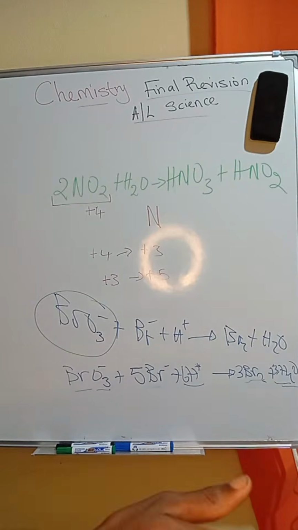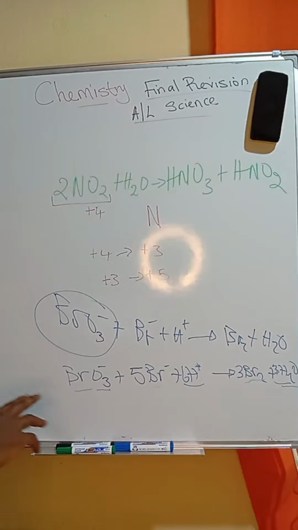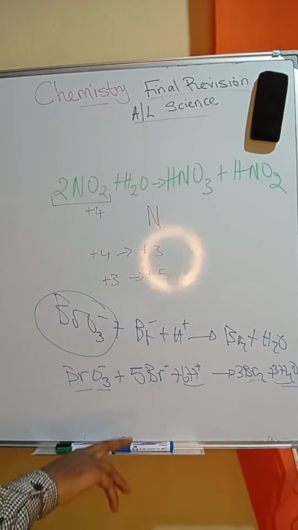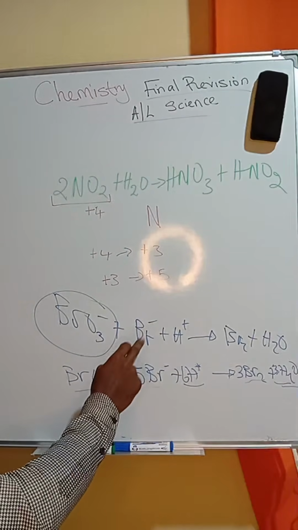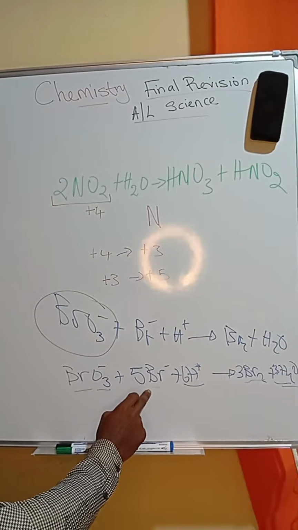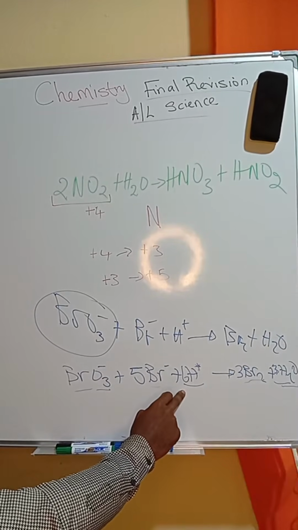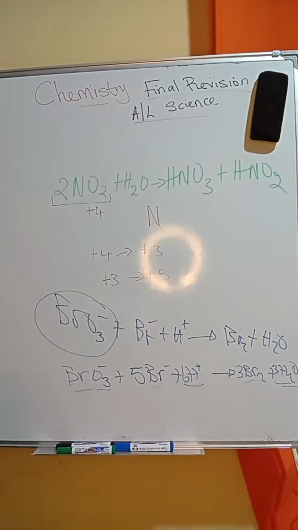I write down the equation the way it is and introduce hydrogen. I will not go again and start counting the number of oxidation states. Once you have calculated the oxidation state of the bromine, you take that oxidation state and multiply on the new equation, then write down the equation, and you just start balancing, and everything will just come out. That is just the trick. We don't have time to be counting the number of oxidation. That's the trick with it.